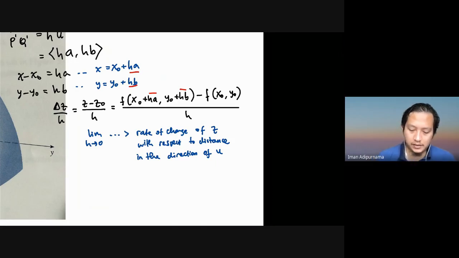This is what we call the directional derivative. So it is a derivative, but it has a direction.